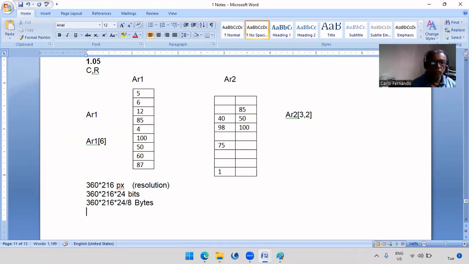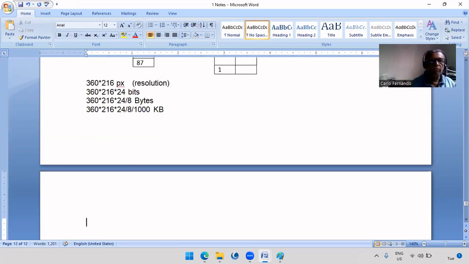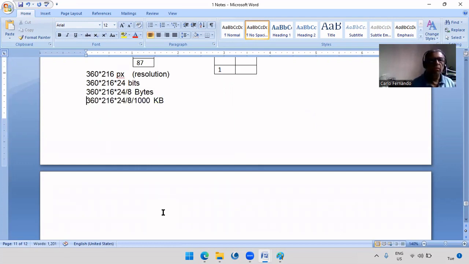And thereafter, if you want to convert it into kilobytes, divide by 1000, or more precisely, divided by 1024.